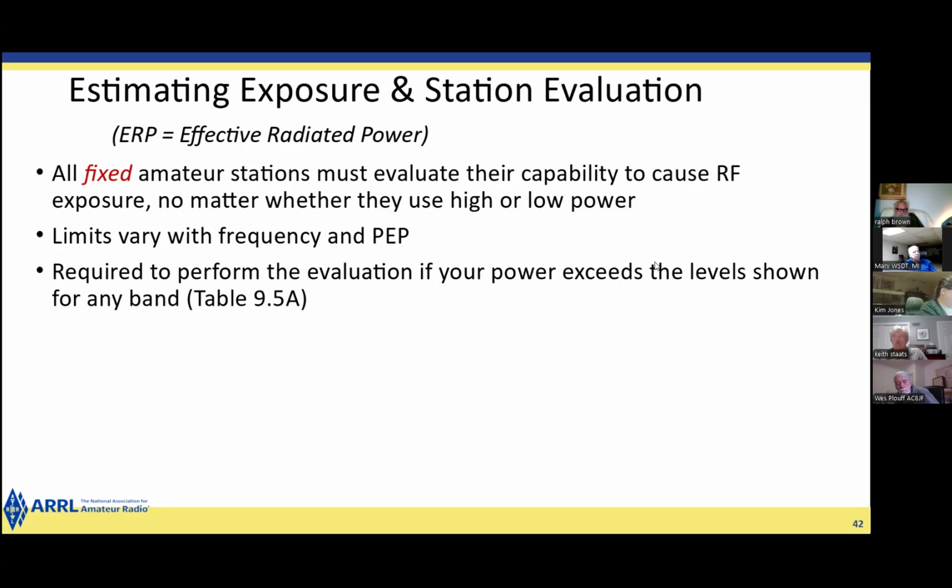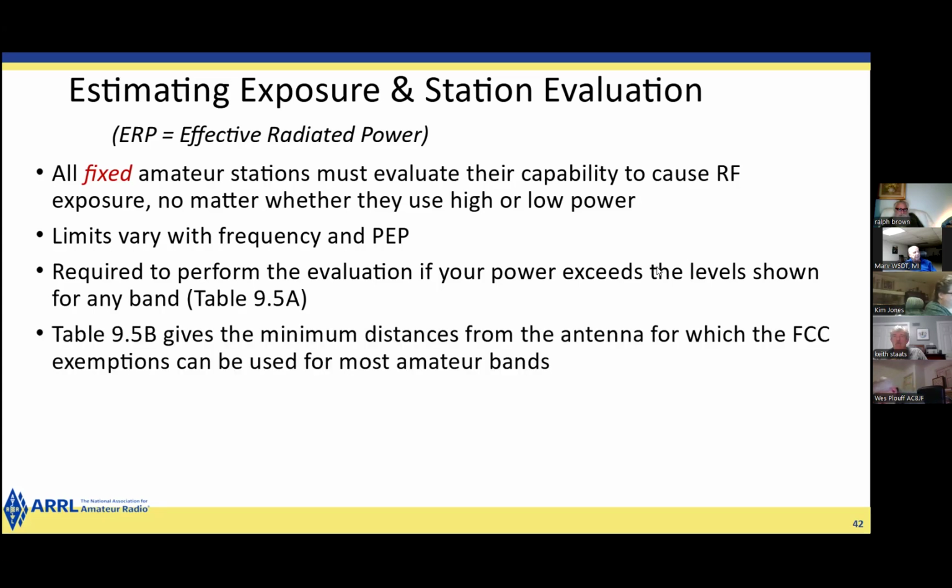You're required to perform this evaluation if your power exceeds the levels shown for any band. See that in Table 9.5a. Table 9.5b gives the minimum distances from the antenna for which the FCC exemptions can be used for most amateur bands.